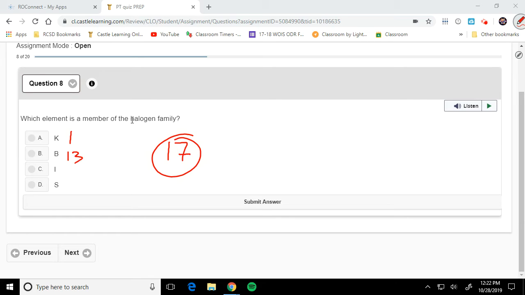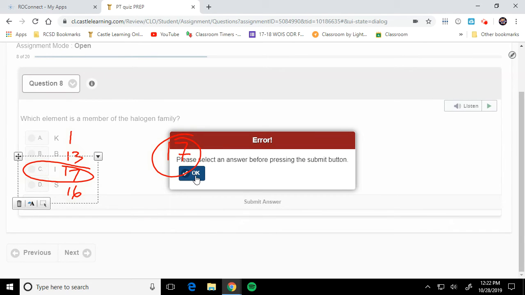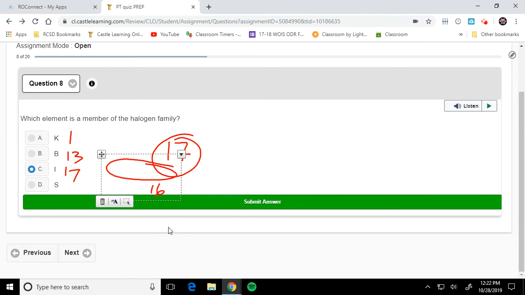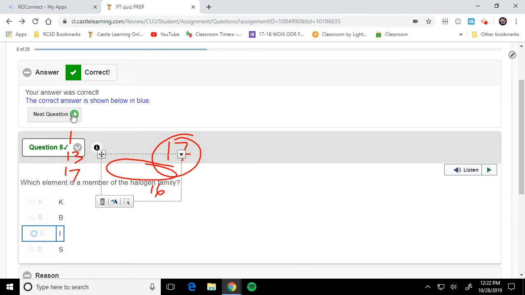Boron is in group 13. Iodine is in group 17. Sulfur is in group 16. 17 matches up right there. There we go. That's how we get that right answer. And yep. Let me get rid of this thing so I can hit that. Boom. Got it right.